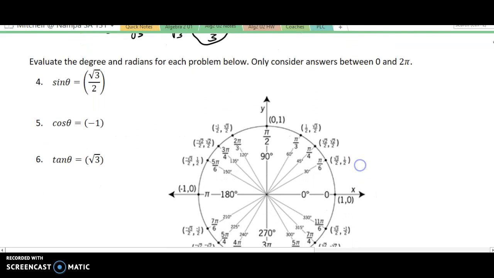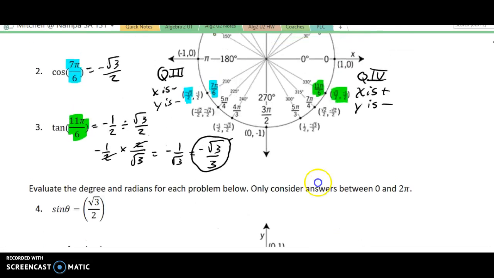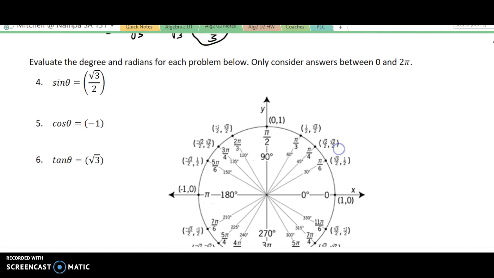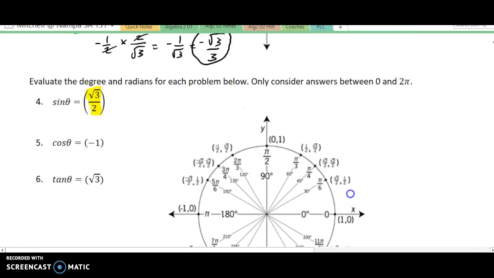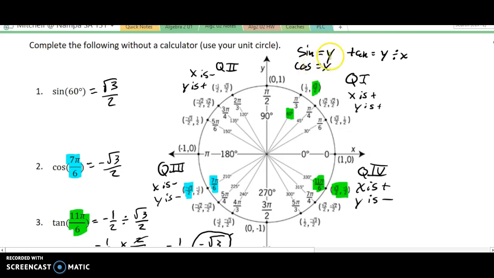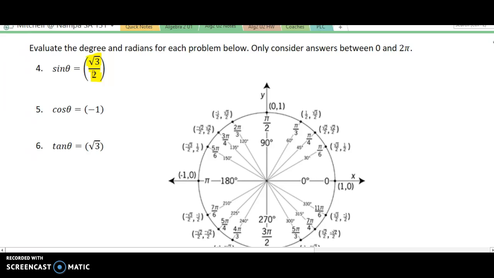Okay, so now we're going to go backwards. We need to find the degrees. So let's go back. What color did I use before? Oh, I used green twice. That's why it's confusing. So let's use yellow. So we're doing sine of theta equals root 3 over 2. Now sine of theta, again, if we don't know, is y. So we need to find all the y values that have root 3 over 2.